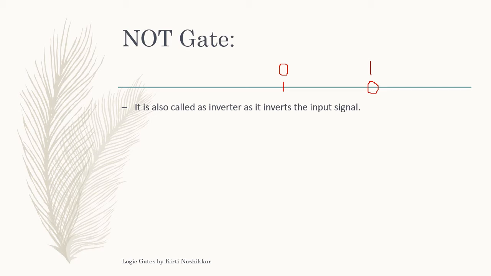This is what this sentence is telling us, that it is also called an inverter, and it inverts the input signal. Whatever signal is given to this gate gets inverted, or we can also say it gets complemented.